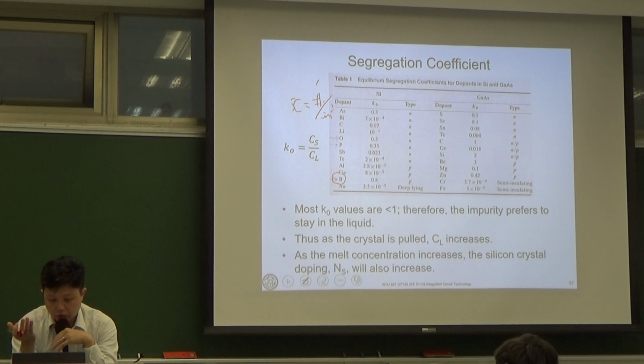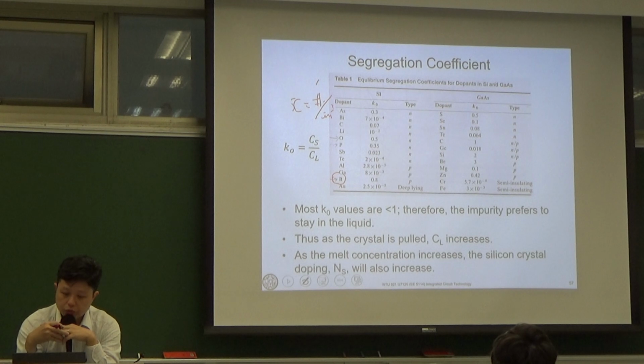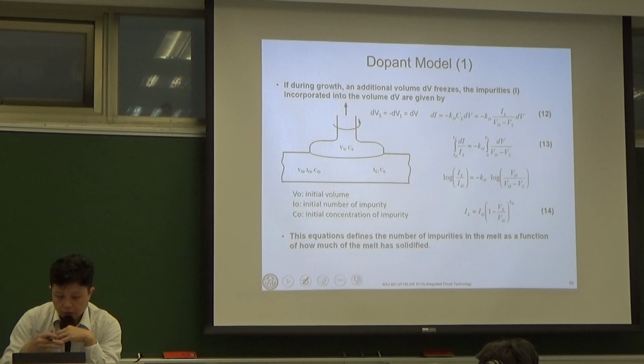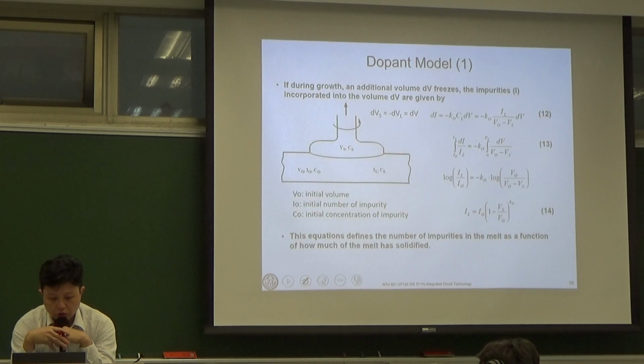So you can imagine that from the beginning to the end of the pulling time, the concentration in the ingot will keep increasing. We can use a simple physical model to describe this phenomenon.